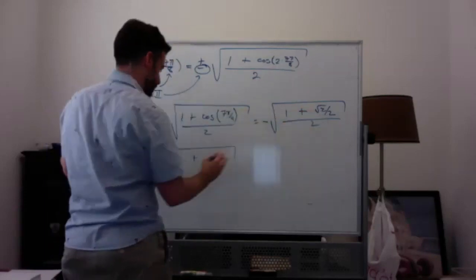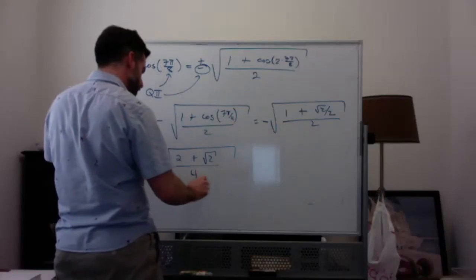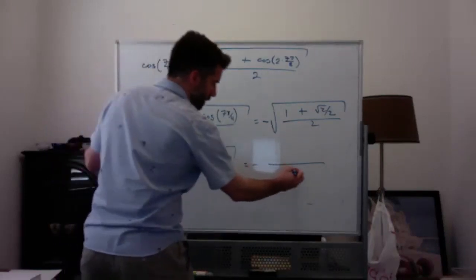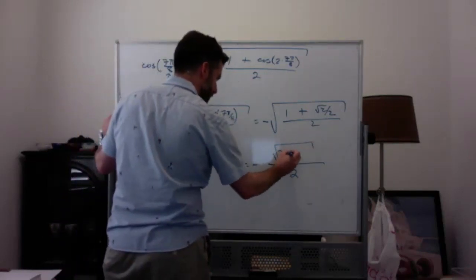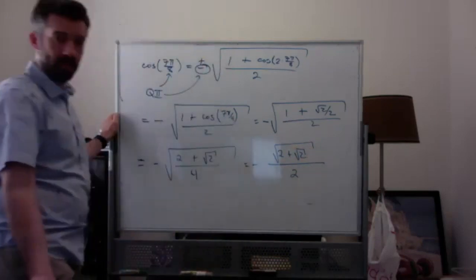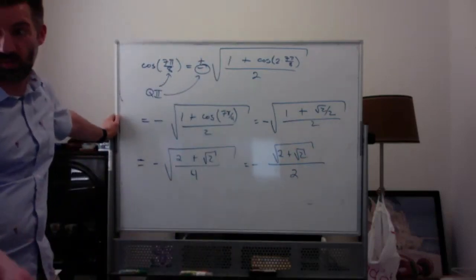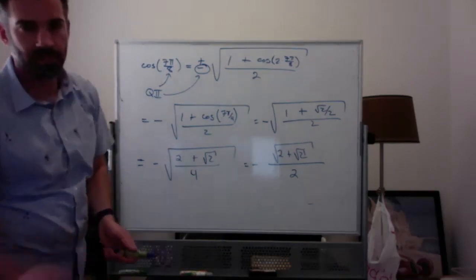This times 2 is just root 2. And the bottom times 2 is 4. And then the square root of 4 is 2. And the numerator is just the square root of 2 plus root 2. So these half angle ones always simplify in the same sort of way. Okay.